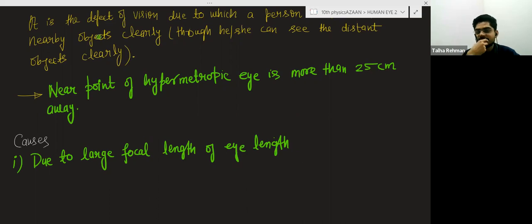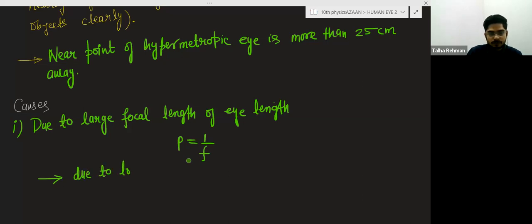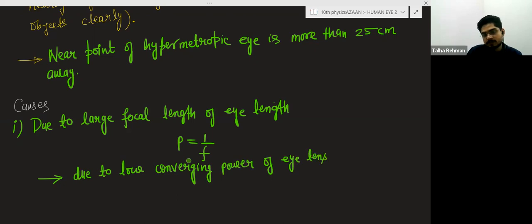If focal length is large, power is equal to 1 upon focal length. So another way, due to the large focal length, the converging power of the lens is low. So you can add one more point: due to low converging power of eye lens. And there is another reason.